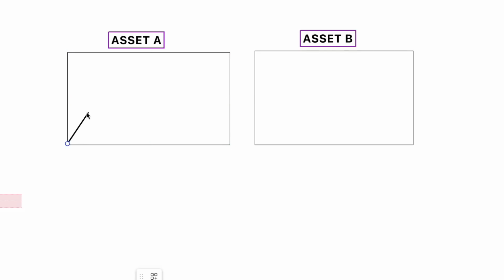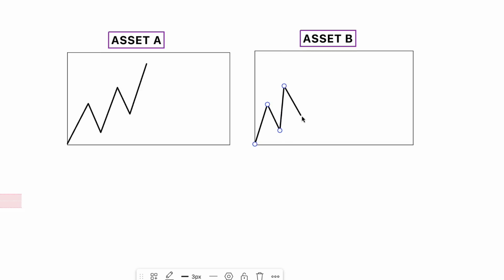If asset A is going bullish, it's going to be like this. Then asset B is going to be exactly like that, because we said they are positively correlated. For every movement asset A does, B will do the exact movement that A has done. So this is how it's supposed to be.